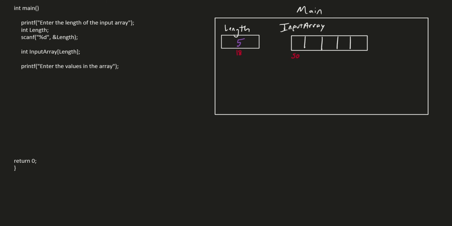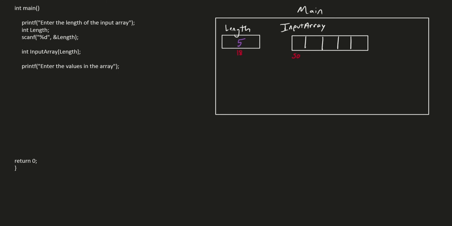So we'll prompt the user to enter in the 5 values in this array, which means we'll want to run scanf 5 times to get all those elements. And of course, since there won't always be 5 elements, maybe the user will run the program again and want 10 elements. We'll use a for loop.